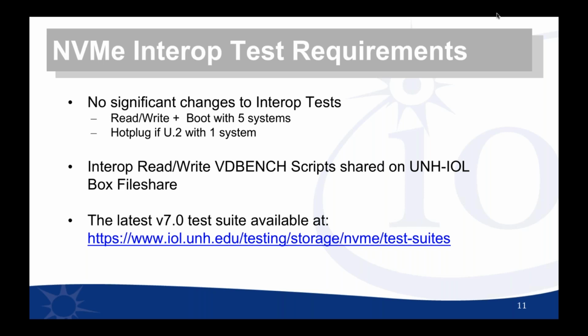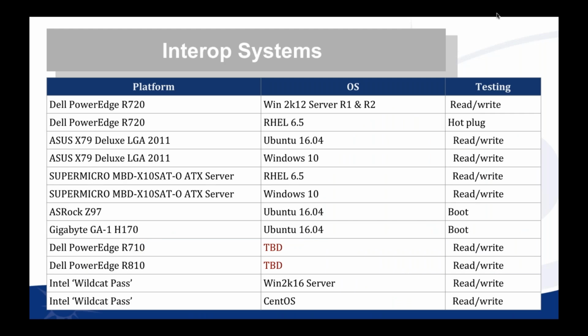Either way, we did rev the test doc. It's also version 7.0, and it's available on our test suites page if you're interested. The interop systems that we'll be using, again, have no major changes. These are similar systems to the ones we used last time. One thing we want to make clear: these are the systems available for interop, but for the read-write test, you only need to pass with 5 of them.